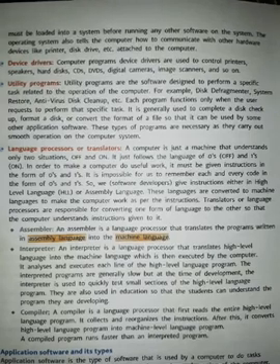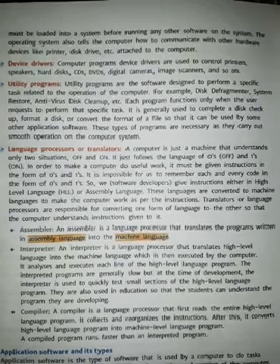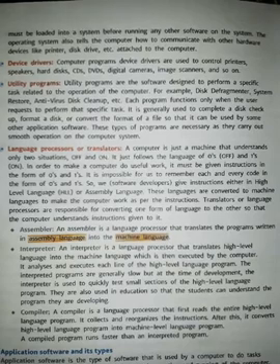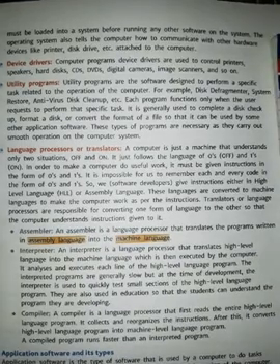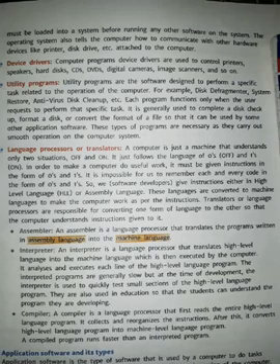For assembly language, the translator is called an assembler. The assembler is a language processor which translates programs written in assembly language into machine language. An interpreter is also a language processor which translates the high level language into machine language, then it is executed by the computer.